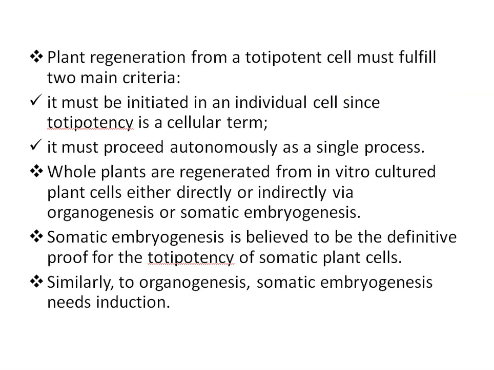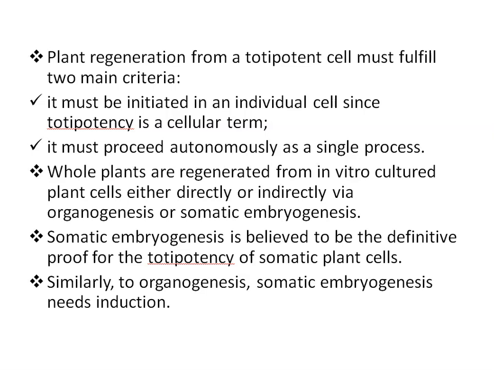Actually, plant regeneration from a totipotent cell must fulfill two main criteria. First, it must be initiated in an individual cell, since totipotency is a cellular term. And second, it must proceed autonomously as a single process.